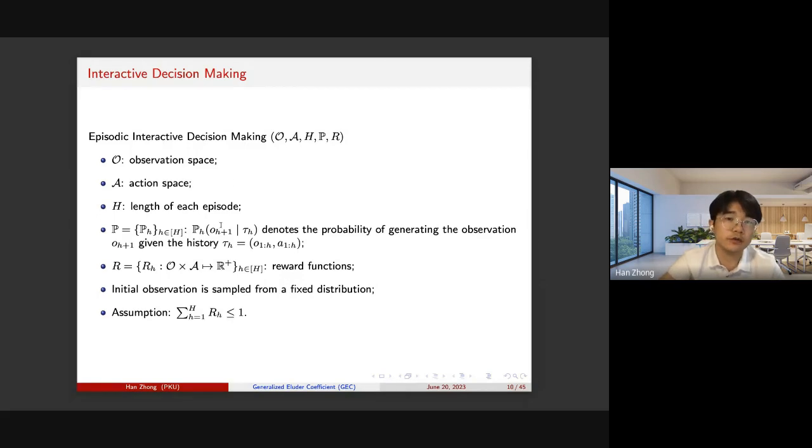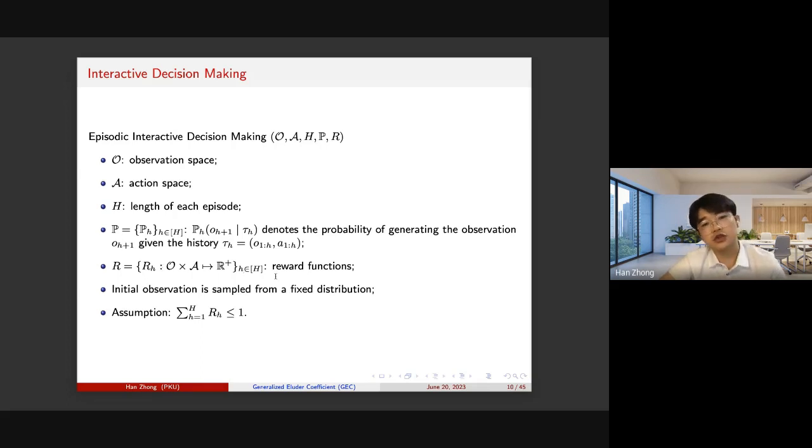Here O is the observation space, A is the action space, H is the length of each episode, P is the collection of H functions, while P_h(o_{h+1} | τ_h) denotes the probability of generating the observation o_{h+1}, given the history τ_h, which is the observation-action sequence before the step h+1. And R is a collection of reward functions.